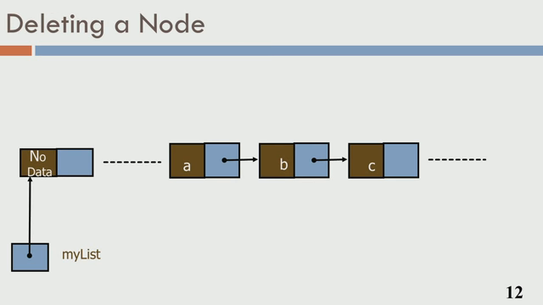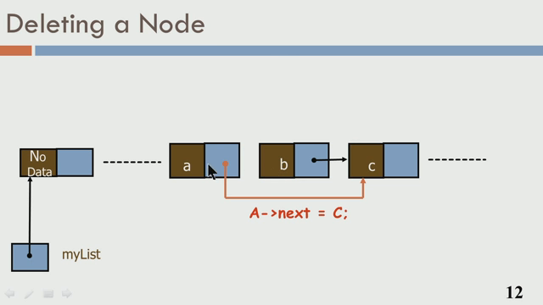Now let's look at how to delete a node. So I have this list somewhere, A, B, C in the middle of my linked list, and the header node is here. There are maybe other nodes here and other nodes here, and I want to delete the node containing B, let's say. One way to do that is as follows. We have to find out where B is pointed to from.